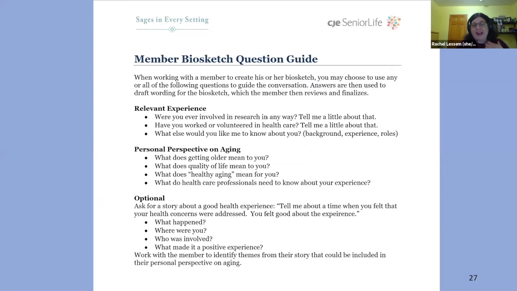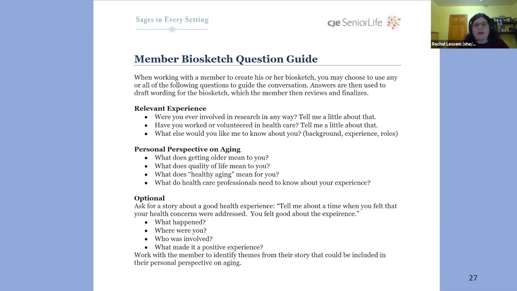Both Rebecca and Katie have mentioned the BioSketch. This is an example, a screenshot from our SAGE resources of the interview guide that we use to create the BioSketches of new members. And BioSketches are created for everyone, including the facilitator, the academic partners, and the visiting researchers. It's not your typical academic BioSketch with your publications and awards and presentations.